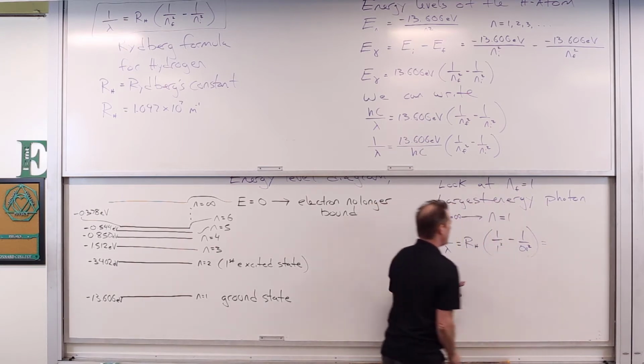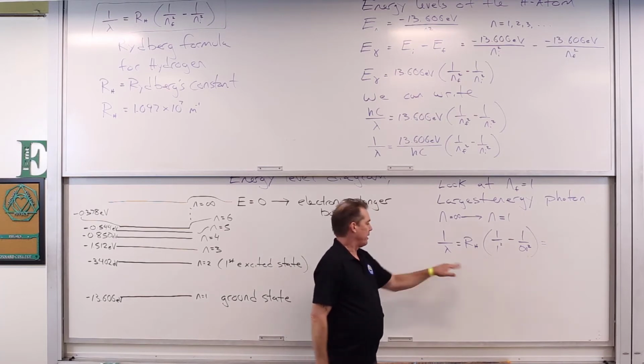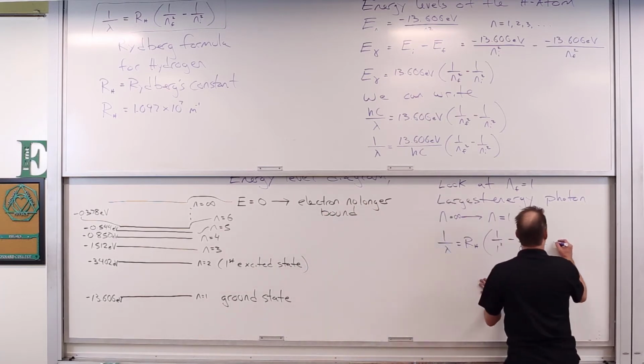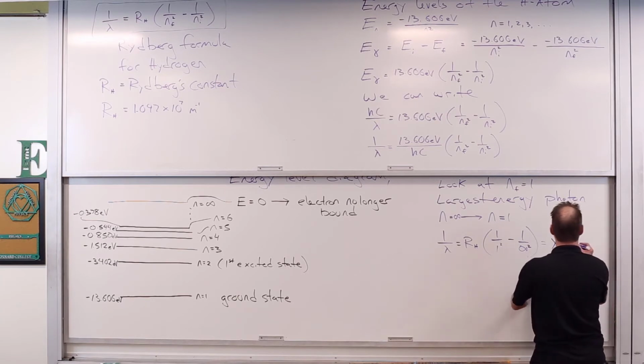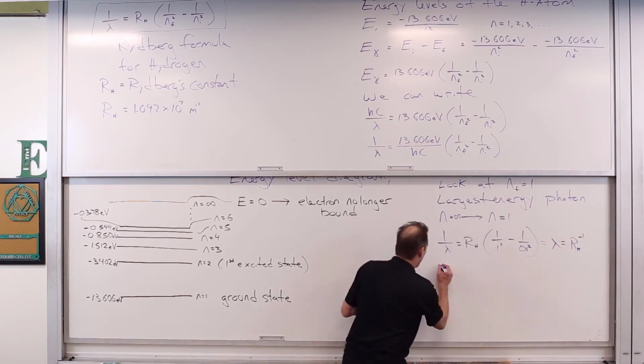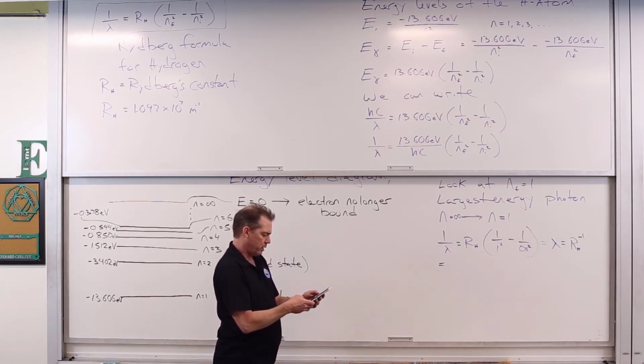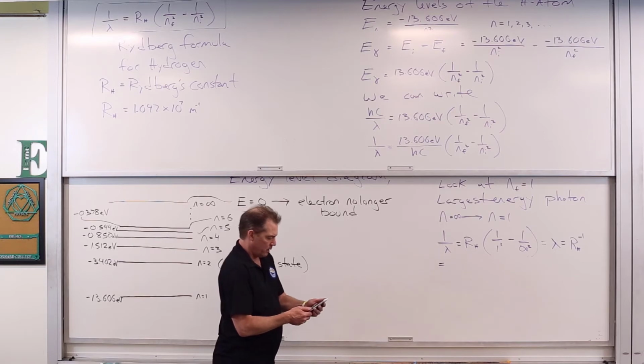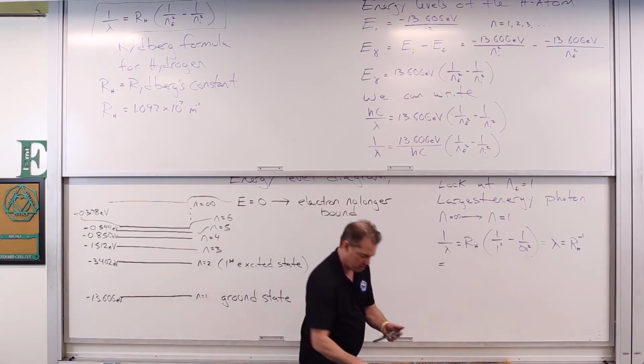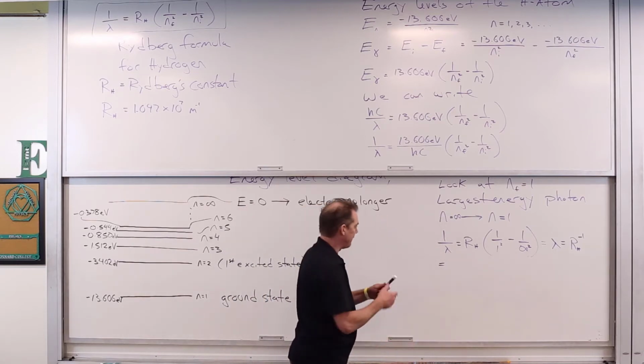Well, this just gives us the inverse of the Rydberg constant, so lambda is equal to R sub H to the negative 1, which, let's go ahead and look at that, with 1.097 e to the 7th, gives us 9.116 times 10 to the negative 8.